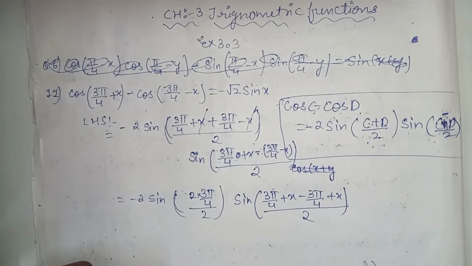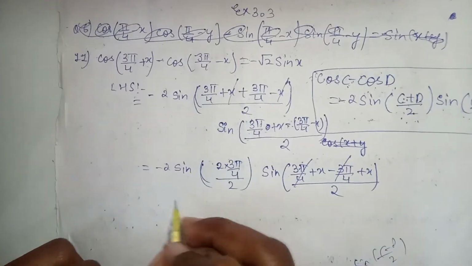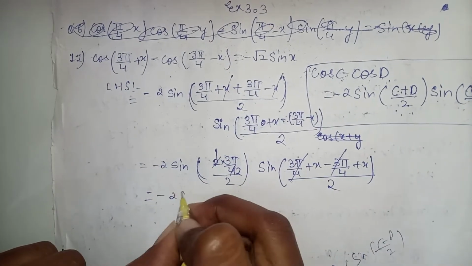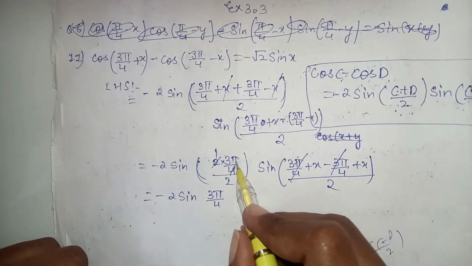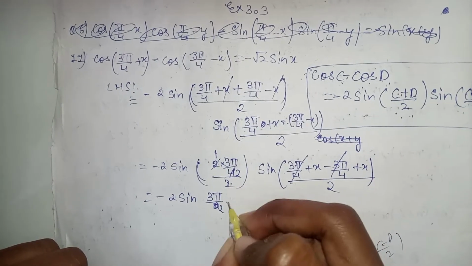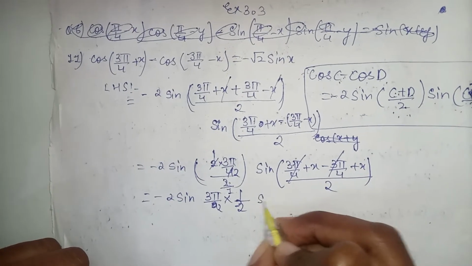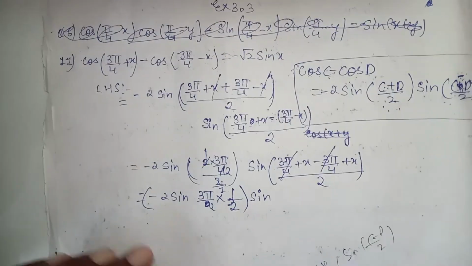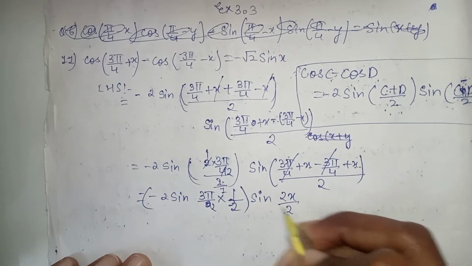In this, plus 3π/4 and minus 3π/4 get cancelled, and x plus x is 2x by 2.